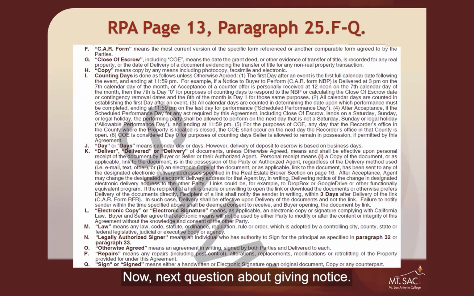Now, next question about giving notice. You see, that 7th day or that 17th day, that is the scheduled performance day. But if the scheduled performance day is Saturday, the allowable performance day will be Monday, right? Because we roll to the next business day.